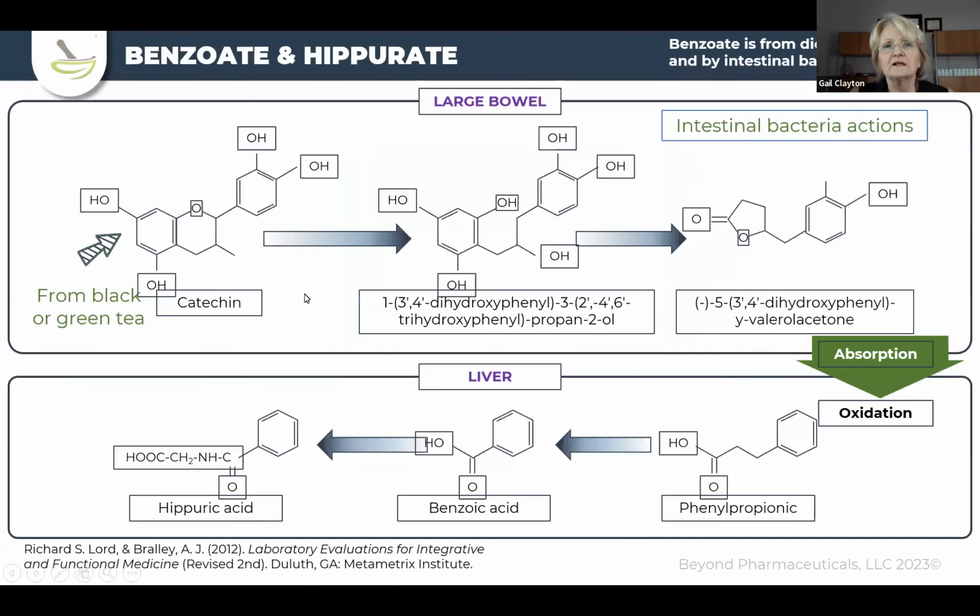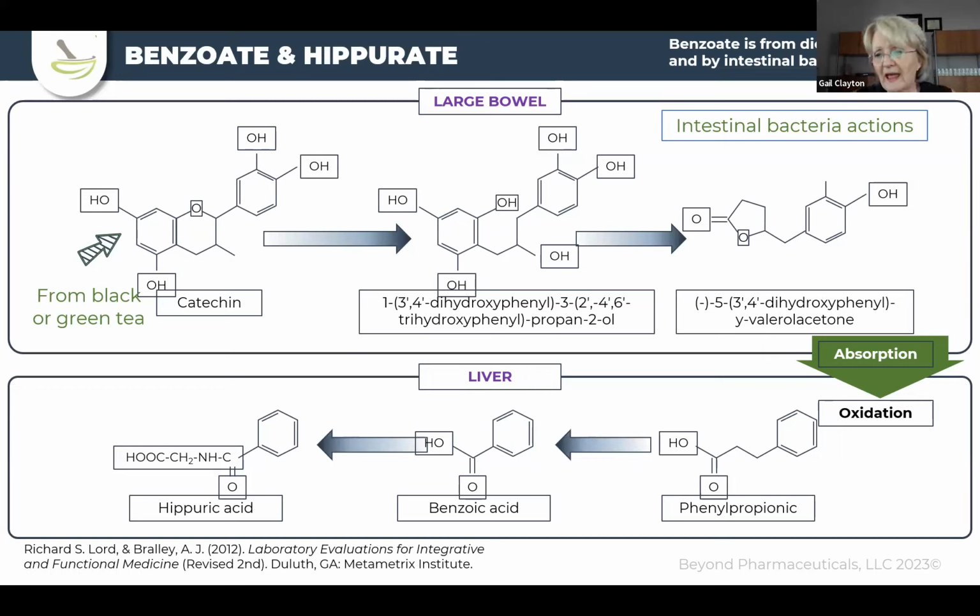So I put this slide up here just to show you that in the large bowel, let's say you're consuming black or green tea, it goes through a few metabolic processes, which isn't all that important for you to memorize. But at some point they're absorbed, and once they're absorbed, they're oxidized and converted to benzoic and hippuric acid, and these are things we like to show up in the liver.